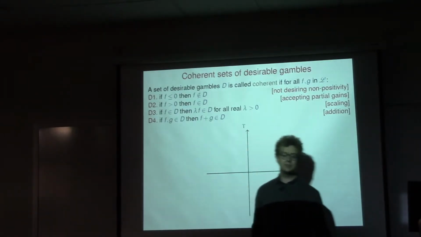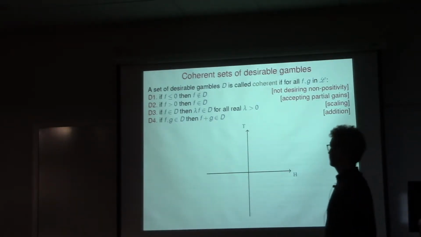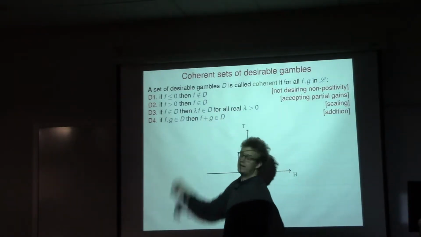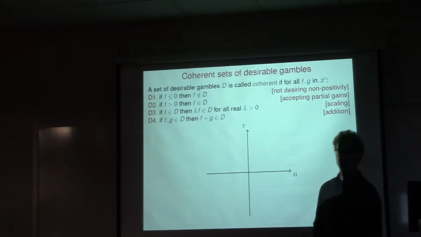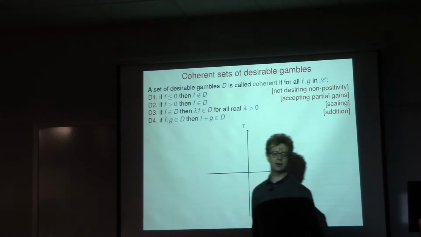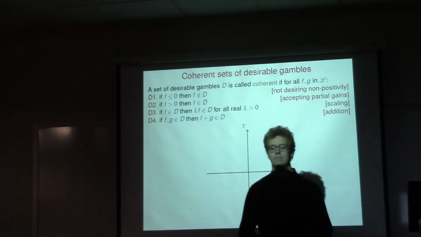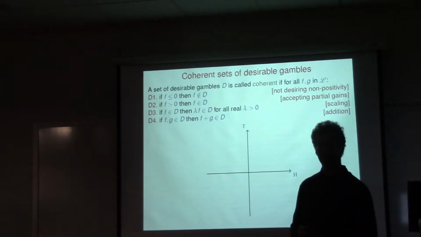This is actually the counterpart of the avoiding sure loss criteria of de Finetti. Then the second one says if a gamble is positive, then it is desirable. What does this mean? A gamble to be positive means pointwise at least 0 and as a gamble not equal to 0.